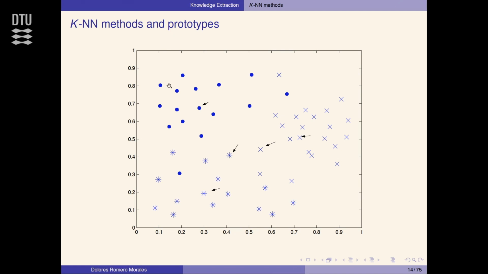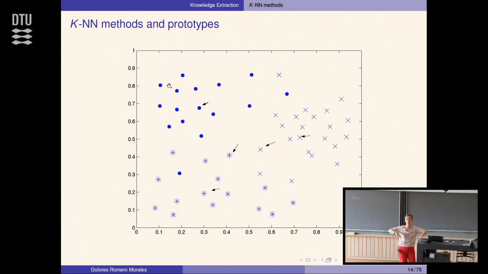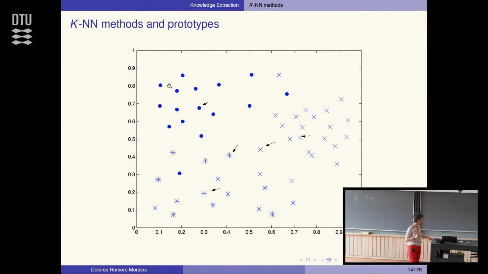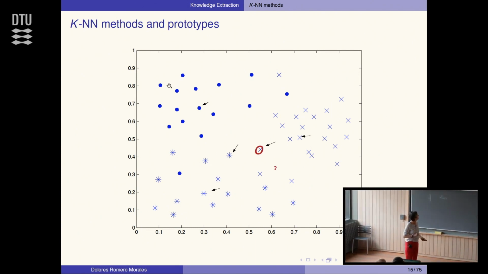You can see that I'm pointing there at some of the observations in such a way that if I was going to do nearest neighbor classification, I forget about the whole data set and I only remain with my prototypes. So that selection of prototypes, to choose your best prototypes, is what we decided to do in one of the papers some time ago.